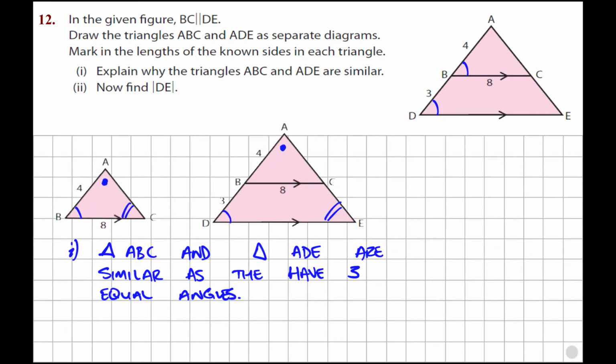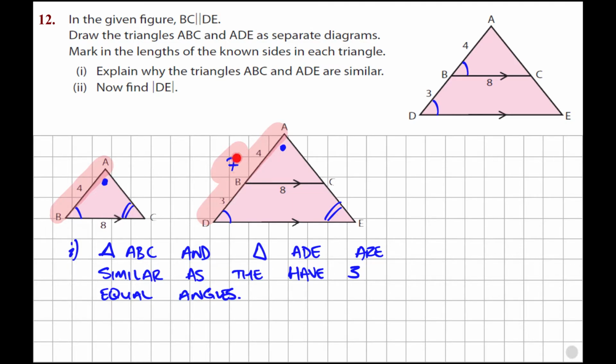Now find DE. So they want us to find the length of DE. Let's just look at what we have. We have the length of side AB, which is 4, and that maps onto the length of this side AD, which is 7. So I'm going to put that in there, because 4 plus 3 gives us 7.